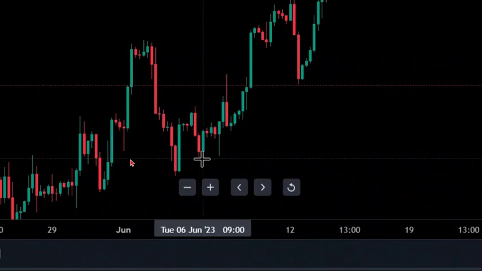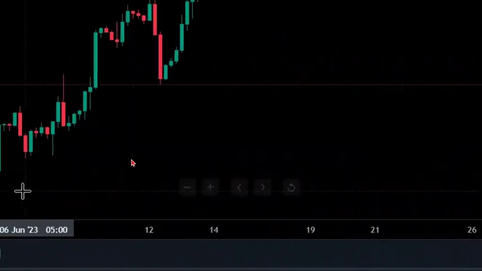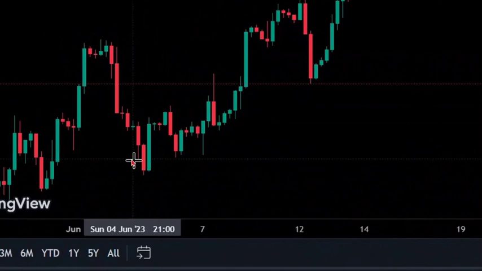Now remember, I'm looking at my notes. It says propulsion block is still bullish if the mean threshold is respected. So we need to mark up this order block, and we need to mark up the mean threshold to see if this is a real propulsion block. So go ahead and get the trend line and put it on the opening price of that order block.